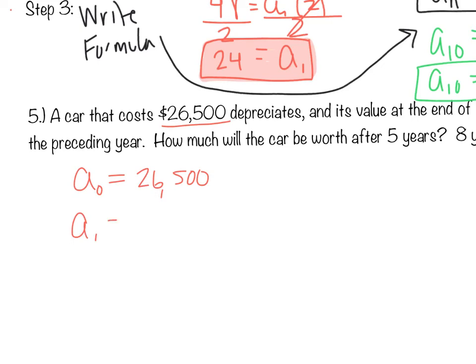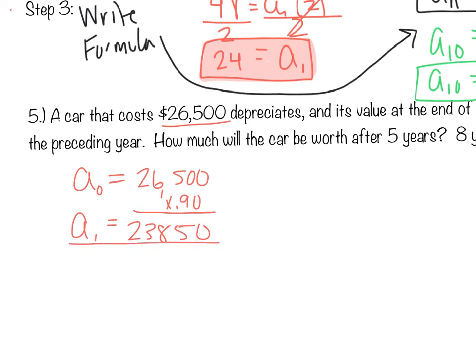a sub 1 after the first year would then have to have that 90% applied. The value is 90% of what it was the previous year. So I have to multiply by 90%. If I do 26,500 times 90%, I get 23,850, and that actually will serve as our a sub 1.